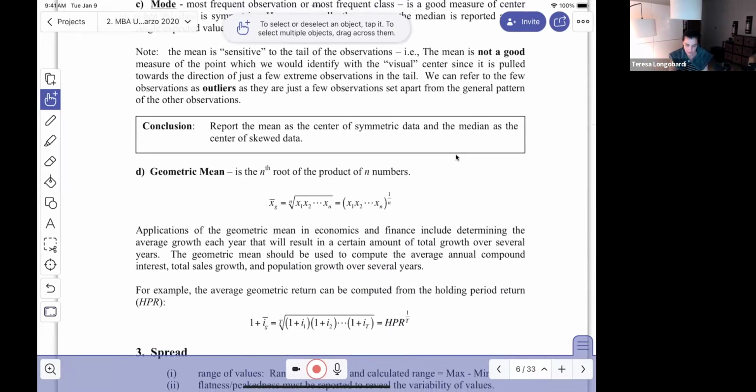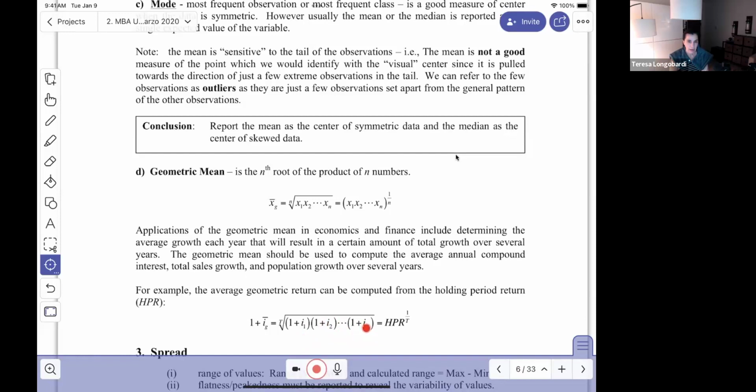So the geometric average is found with rates. Let's say you have an investment, and every period it grows at an interest rate that varies, or a rate of growth that varies.